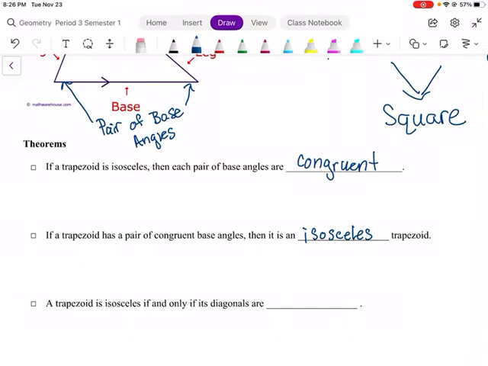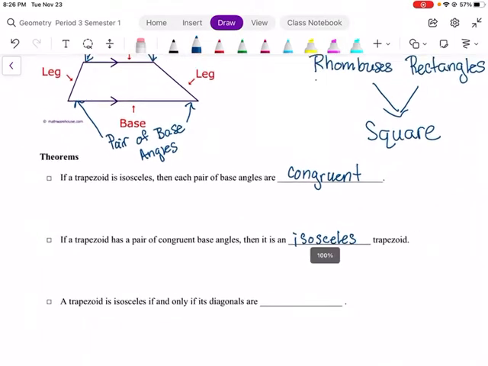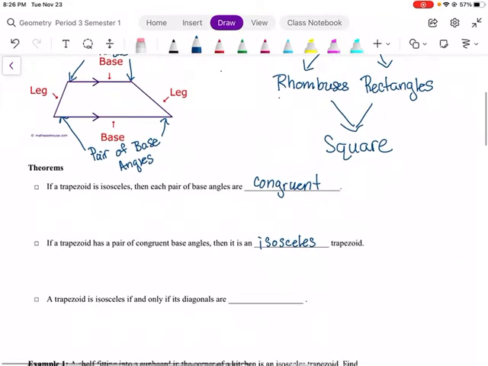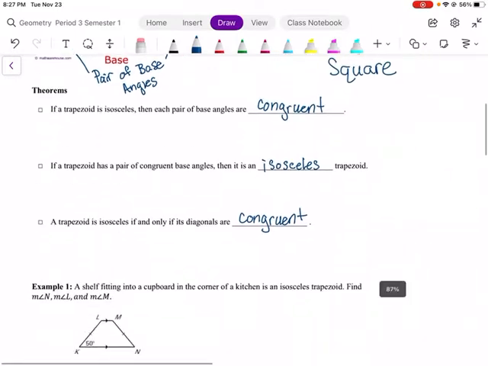And a trapezoid is isosceles if and only if its diagonals are congruent. And there we go. So we are going to use these three theorems with our trapezoids.